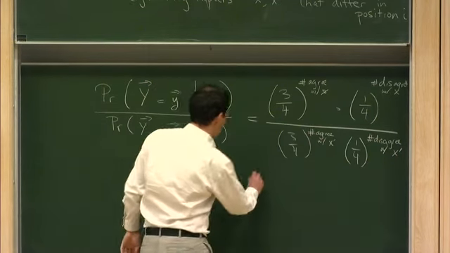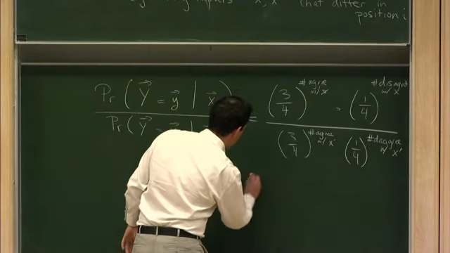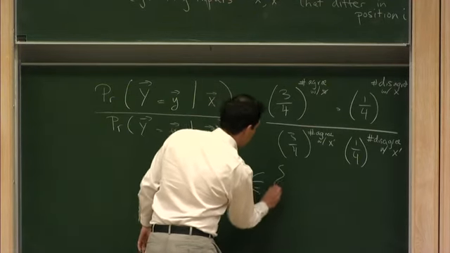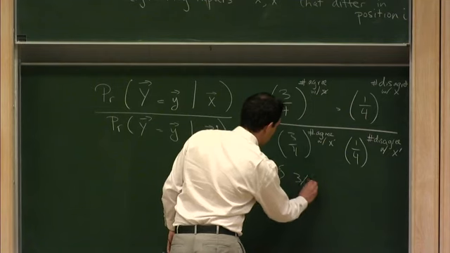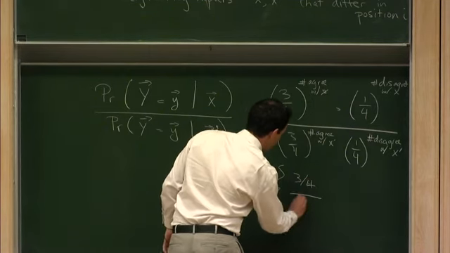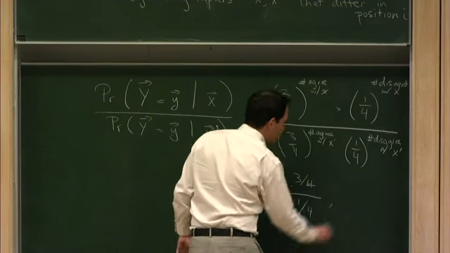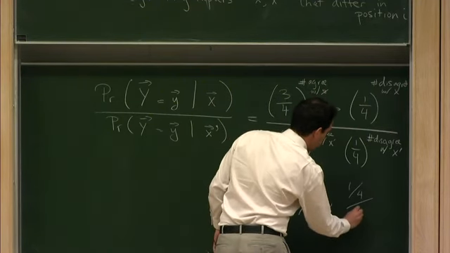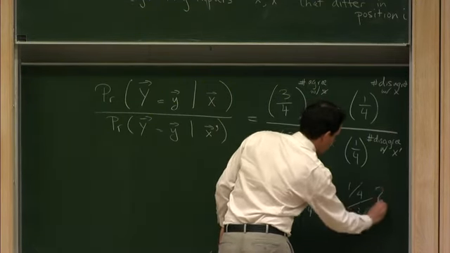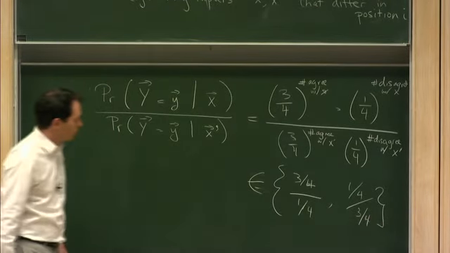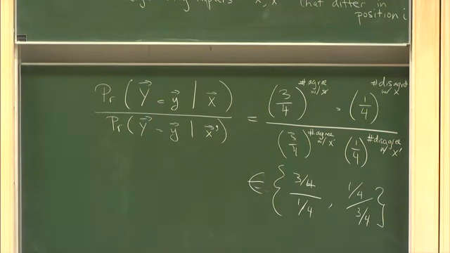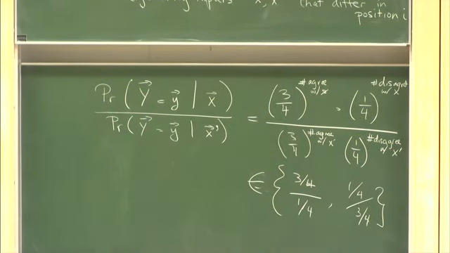So this ratio is either 3/4 over 1/4 or 1/4 over 3/4, and that is either 3 or 1/3.